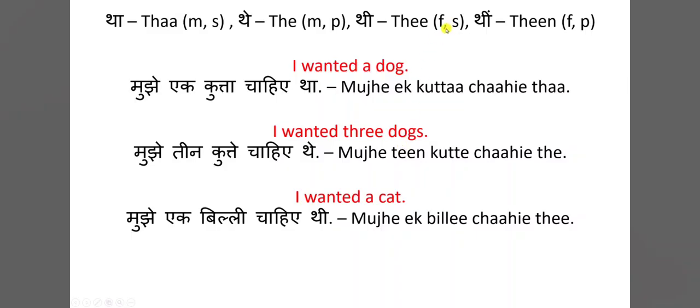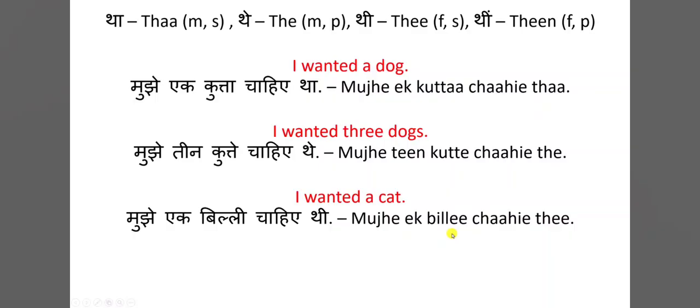For singular feminine, we use thi as the be verb. मुझे चाहिए थी is I wanted or I did want. एक is a, cat is बिल्ली. If a male wants to say this sentence in Hindi, then he will have to say it like this. If a female wants to say this sentence, then she will have to say the same sentence without any change. The subject does not matter.